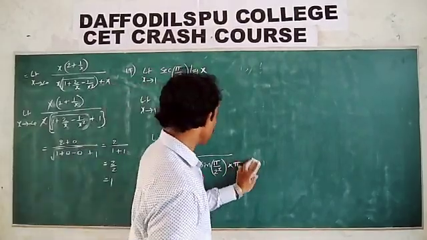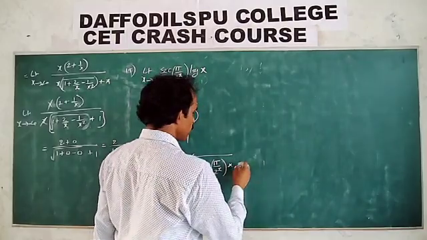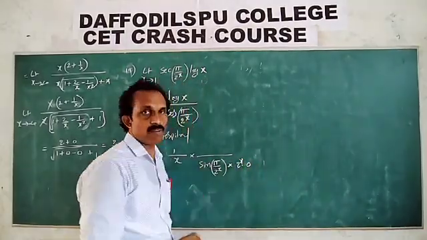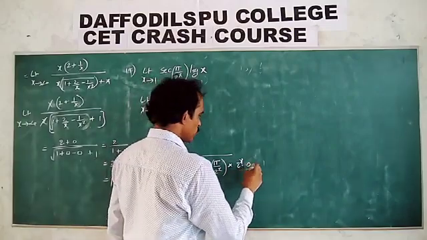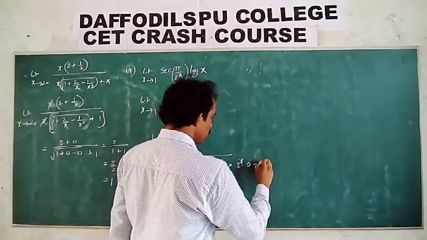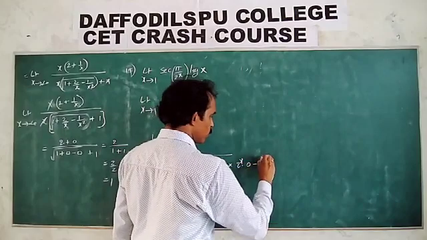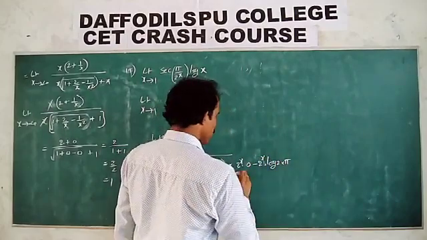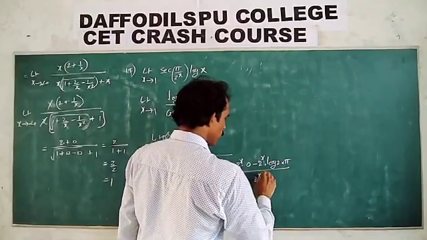Or better, use the u by v formula: 2 power x into pi derivative 0, minus pi into 2 power x derivative, 2 power x into log 2, divided by 2 power x whole square.